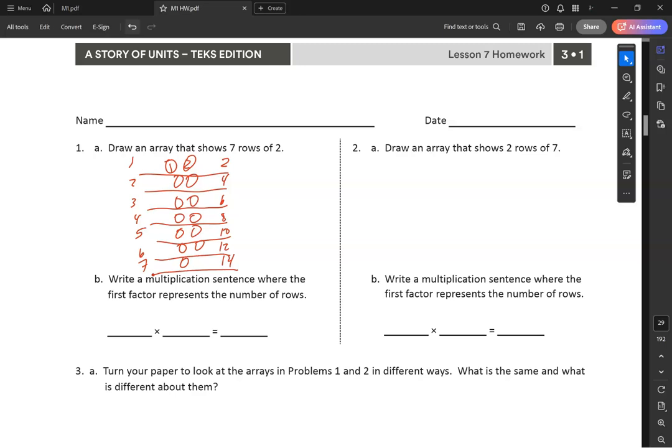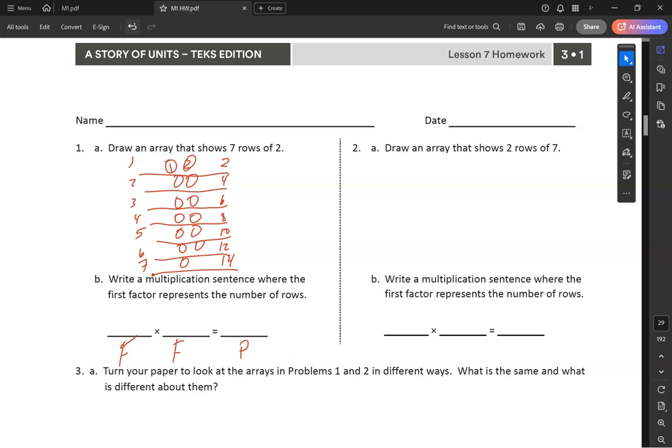Okay? All right. B says write a multiplication sentence where the first factor represents the number of rows. So remember, in a multiplication sentence, these are the factors and this is the product. Now, they want the first factor to represent the rows.